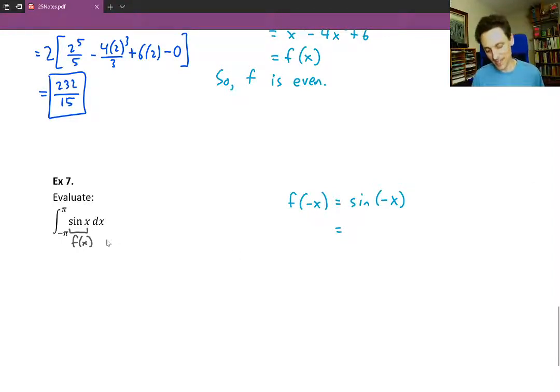There's a trig identity that says sine of negative x is negative sine x. That's a statement that sine x is an odd function. But here we're writing out all the details. And this is the negative of the original function. So you can see that here our function is odd.